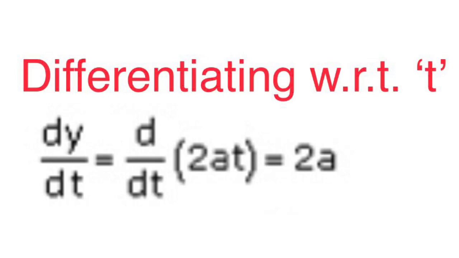In this, 2a is a constant, so we will take 2a outside from the derivative. So we have to find the derivative of t, which is 1. So we have dy upon dt equals 2a.